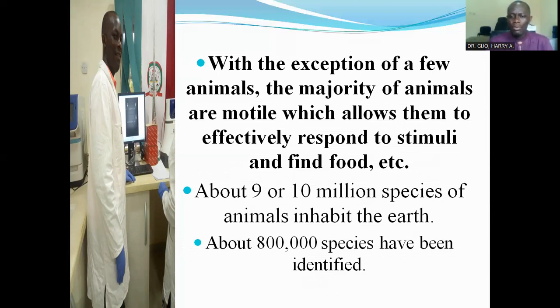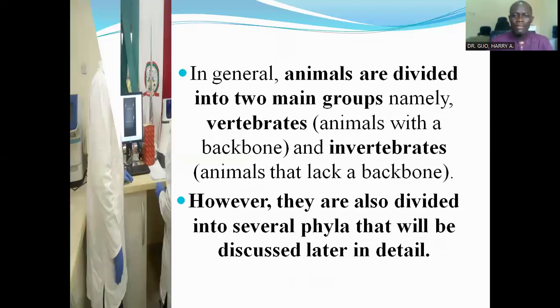About 9 to 10 million species of animals inhabit the earth. About 800,000 species have been identified already. In general, animals are divided into two main groups, namely vertebrates, animals with backbones, and invertebrates, animals that lack a backbone.